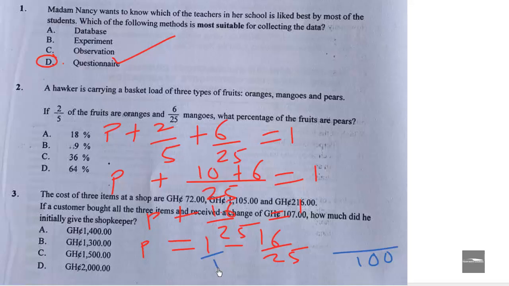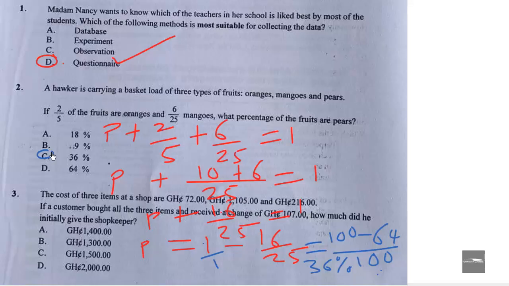So 1 goes into 100 how many times? 100 times. 100 minus, 25 goes into 100 how many times? 4. 4 times 16 will give you 64. So 100 minus 64 will be 36. So you have 36/100 or 36%. So the correct answer is option C.